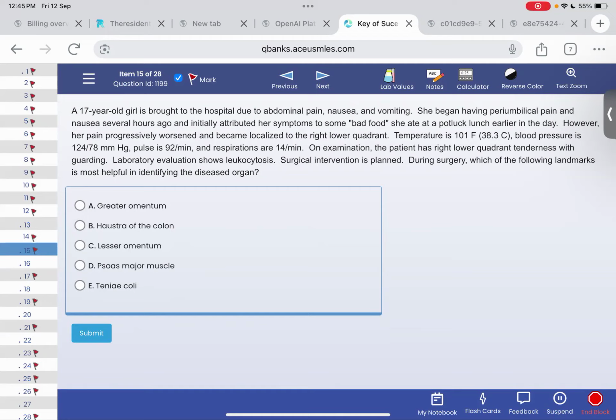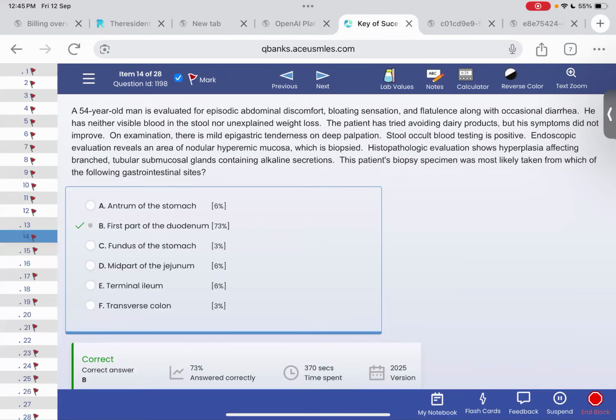The endoscopy shows a nodular hyperemic mucosa, and when it is biopsied, there is hyperplasia of the Brunner submucosal glands with alkaline secretion, which are found in the first part of the duodenum. Yeah, you are right. I got your point.